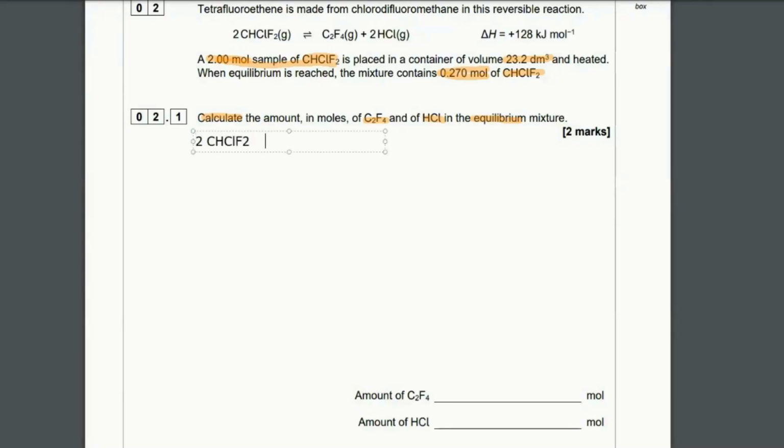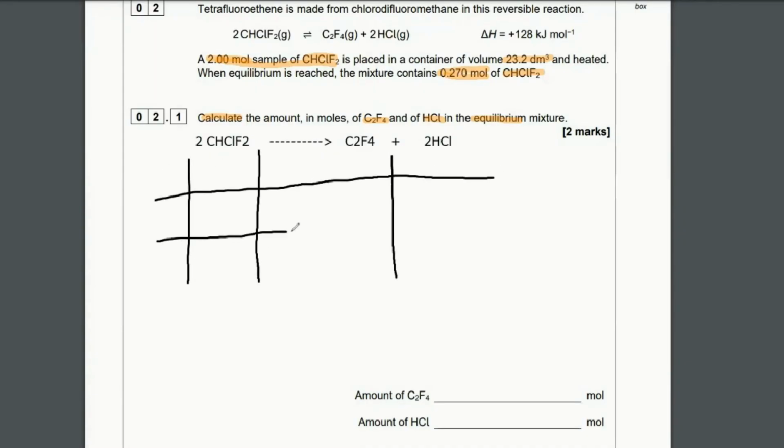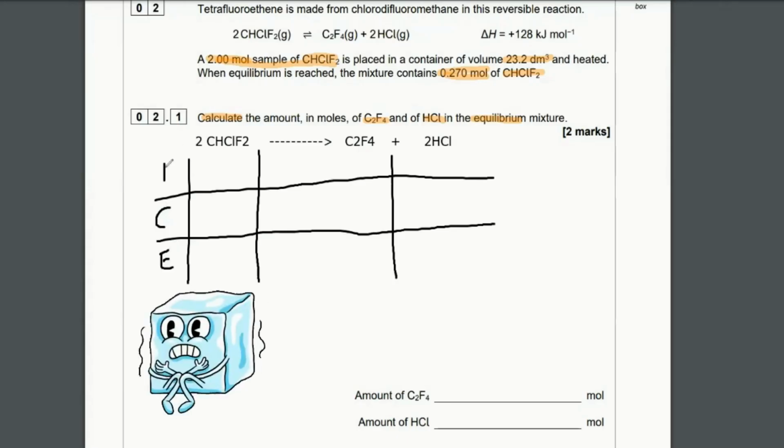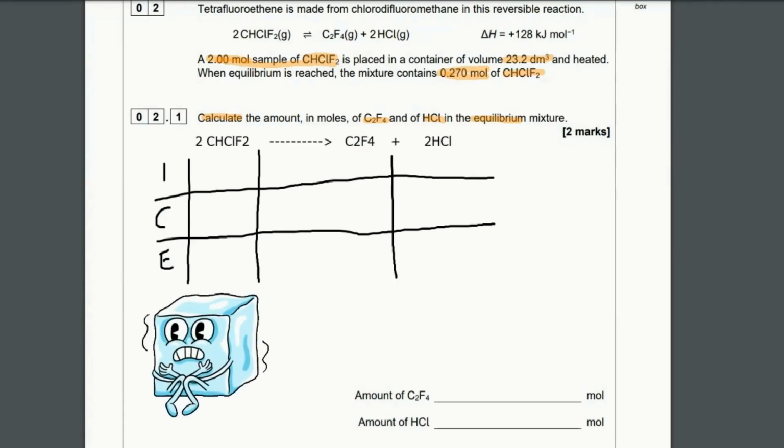Okay, I am going to rewrite out the equation, but I'm going to simplify it without the state symbols or the reversible symbol, just because I want this for the purposes of this calculation. So I'm going to write this out. Now I'm going to make a little table some of you may have been familiar with. Different people write different things on the side of the table. So people do this when working out the amount of moles in an equilibrium mixture.